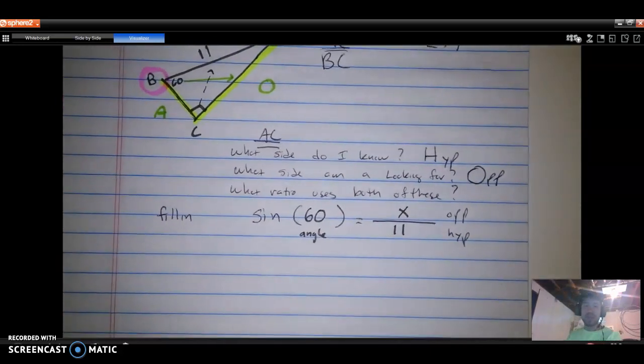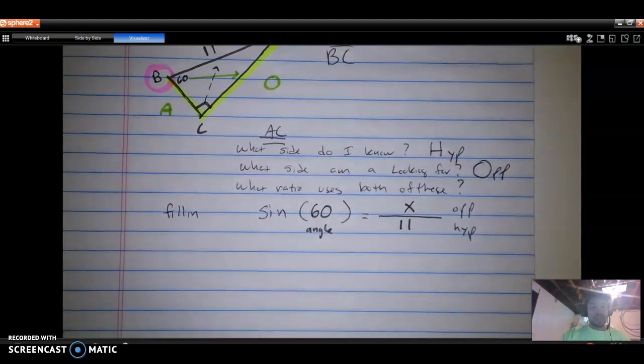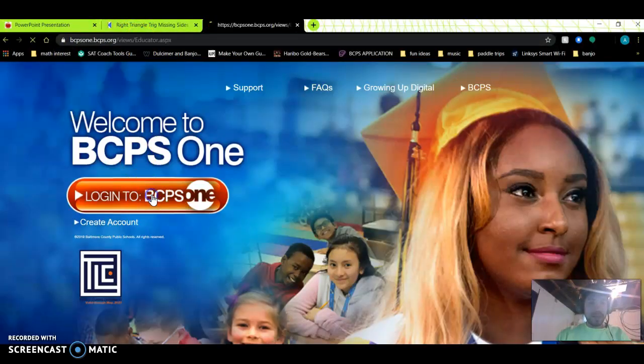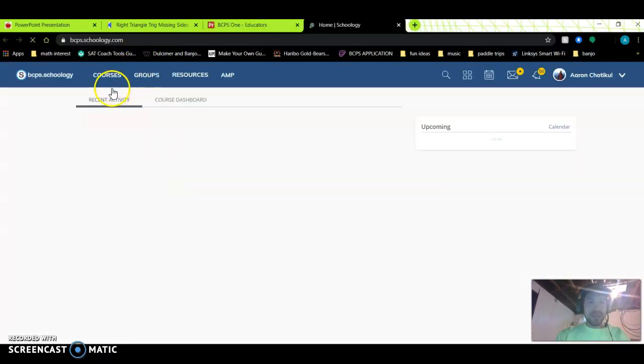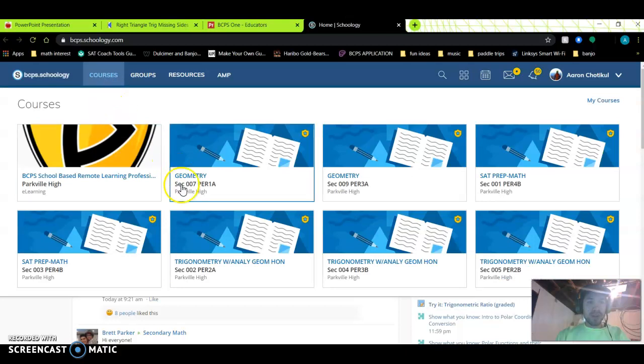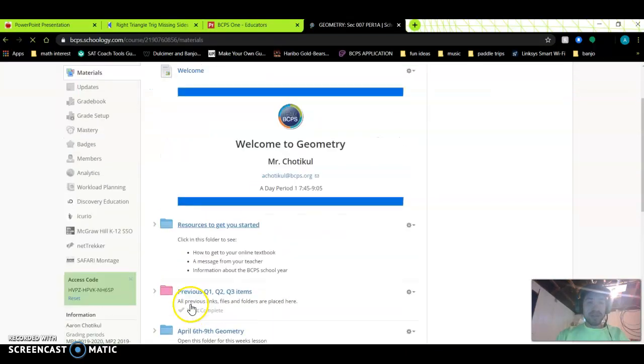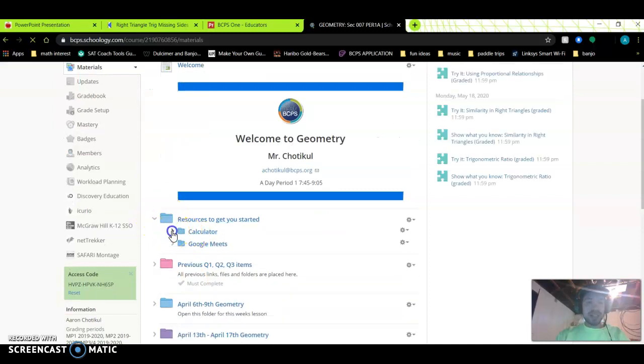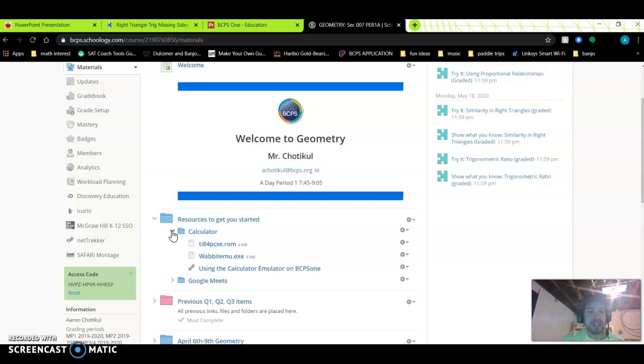Actually, let me show you guys how to do it in the calculator in our Schoology group. So if you go to BCPS, log in, Schoology, select your course, I'm going to use my geometry A1 class, resources to get you started, calculator folder, and in the calculator folder there are 3 files.